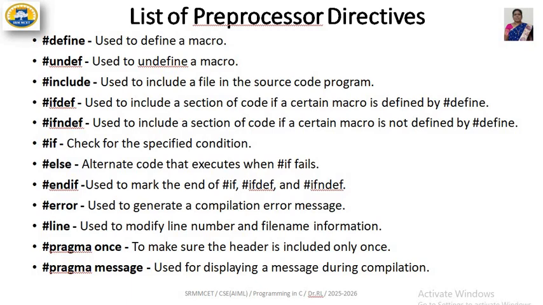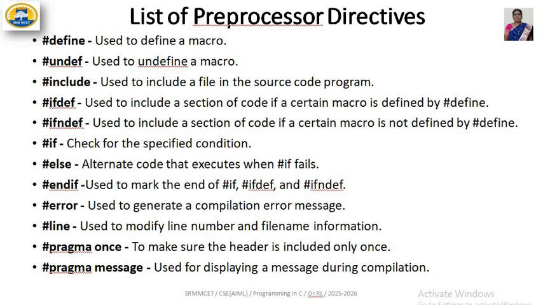Then #undef is used to undefine a macro. #include is used to include a file in the source program, and #ifdef is used to include a section of code if a certain macro is defined by #define. Next, #ifndef is used to include a section of code if a certain macro is not defined by #define. Similarly, #else is used for alternate code that executes when a #if fails. Similarly, #endif is used to mark the end of #ifdef, #if and #ifndef.